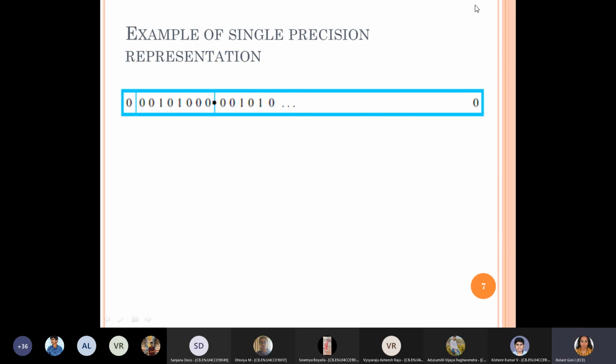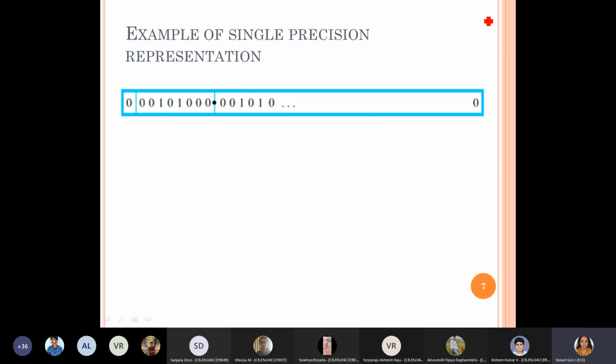So have you guys done converting how the value will be? Rohan, can you tell me the answer? Yes, ma'am.